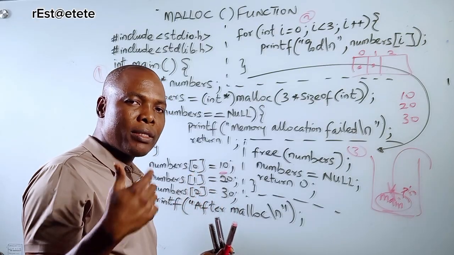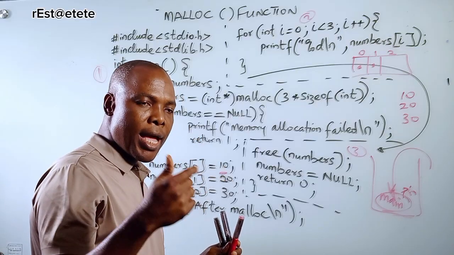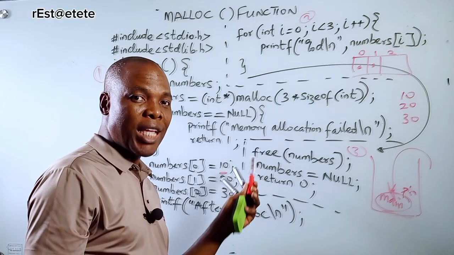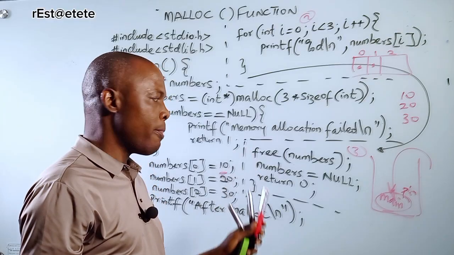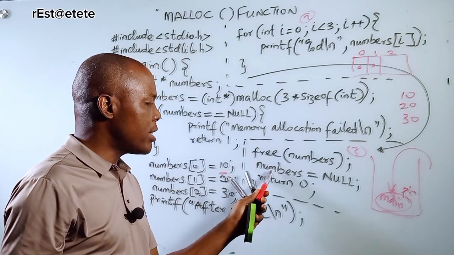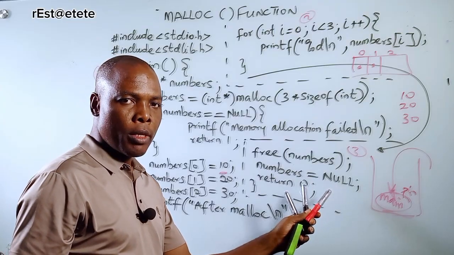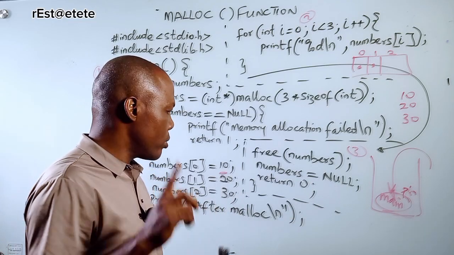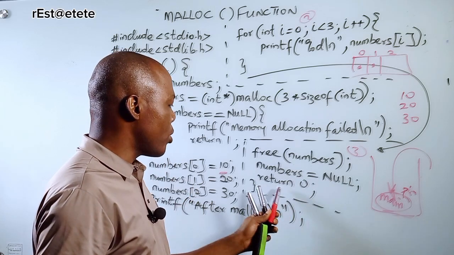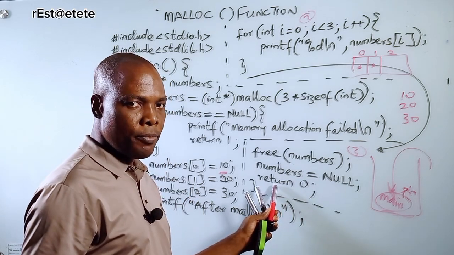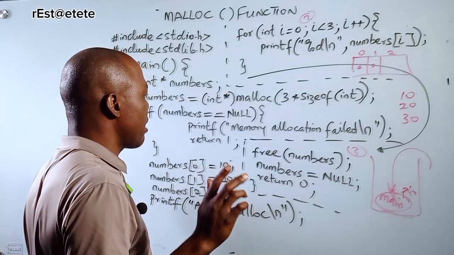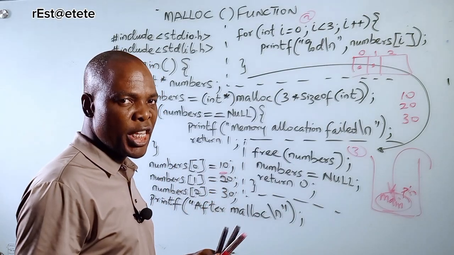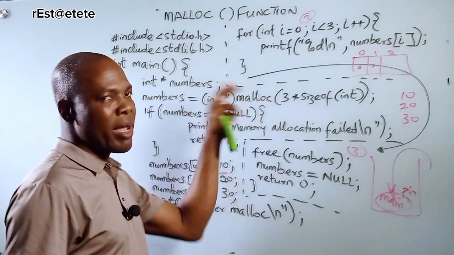If another person accesses that same address and puts a different value there, that pointer can still access that value. This is how hackers can access your computer. So the best thing to do is to set the pointers to NULL, meaning you forgive and then set boundaries. So it's very important. Once that is done, you return to the operating system, and the program is done. This free means you free the heap memory. So this is how malloc works.